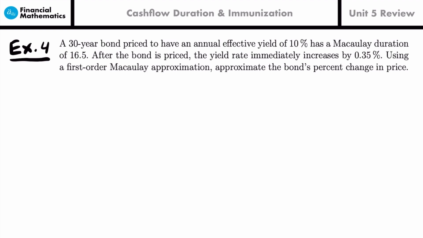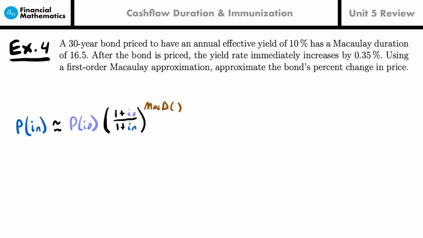The first thing I notice is that we are clearly working with price estimation or price approximation, right? We are explicitly told to use a first-order Macaulay approximation to approximate the bond's percent change in price. All right, so for one thing, we are going to have to use this formula, that the price of our bond at a new interest rate, I sub n, is approximately equal to the price at the original interest rate, I naught, multiplied by 1 plus the original interest rate, divided by 1 plus the new interest rate, and that is raised to the power of the Macaulay duration at that original interest rate, I naught.